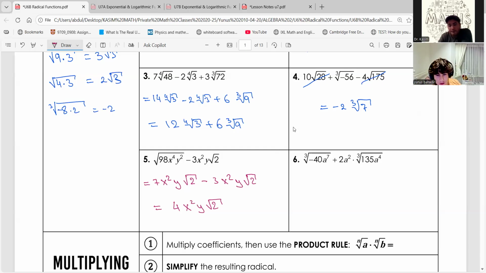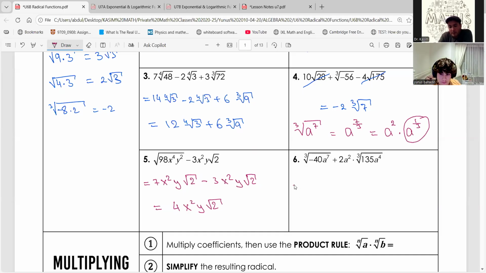No, no, no. This cube root of a to the power of 7 means it is a to the power of 7 divided by 3, right? But this one is 3.5. I mean, 2.5. No, it's 2 and 1/3, right? So we can write this a squared times a to the power of 1/3, right? So 1/3 means it's cube root of a.